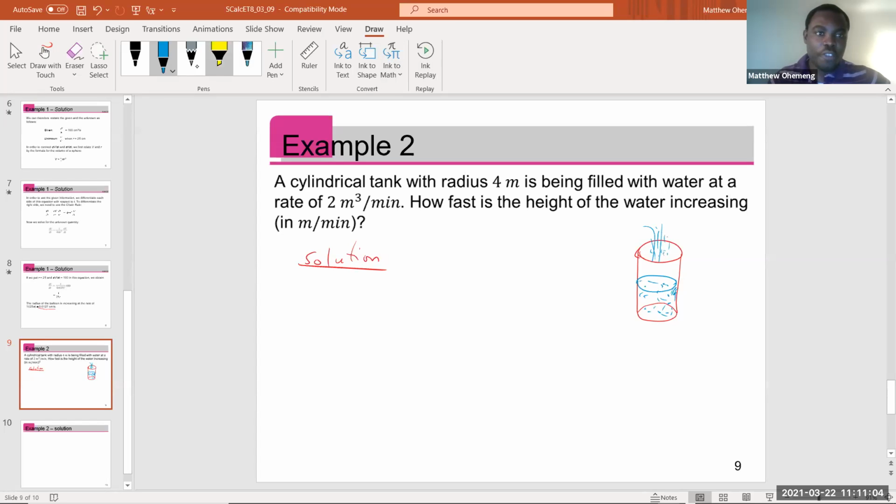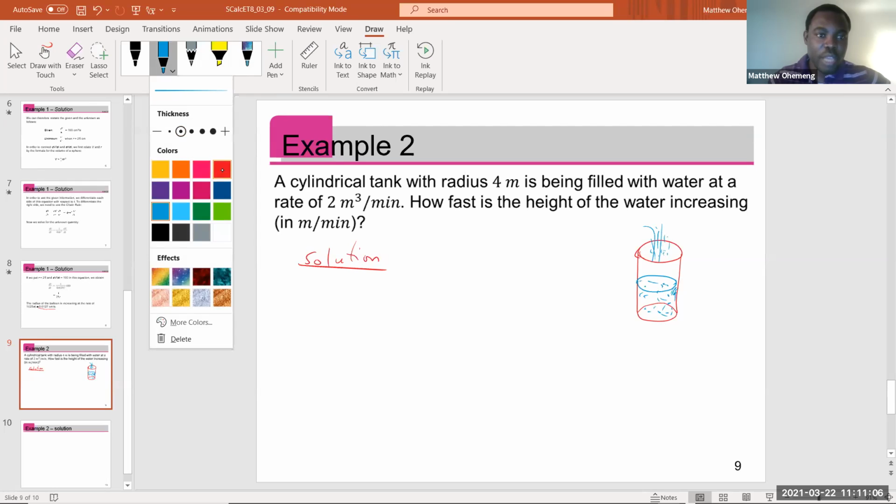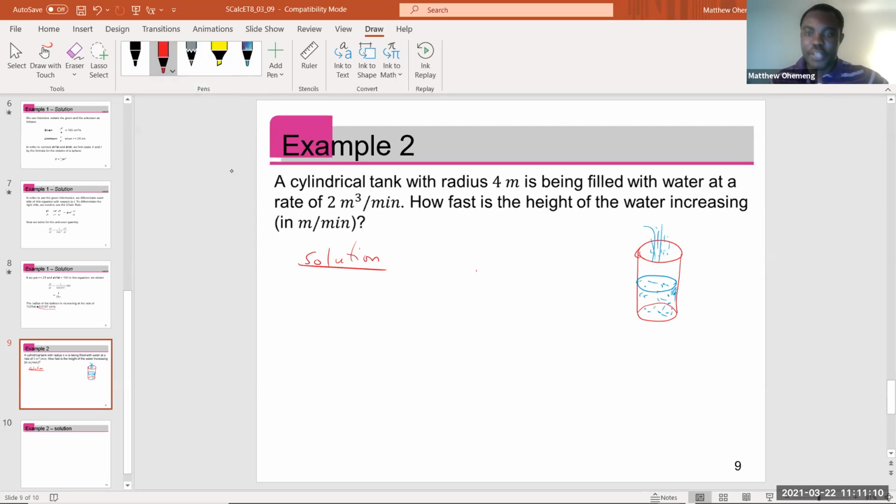Now for this one, we are asked to find how fast the height of the water is increasing. Don't forget that water takes the shape of the object that you pour it into. So if water is being put in a cylindrical tank, then the shape of the water will also be cylindrical. So that's the first thing. Now, let's get the information from the problem. A cylindrical tank with radius 4, so R, the radius, is equal to 4 meters.